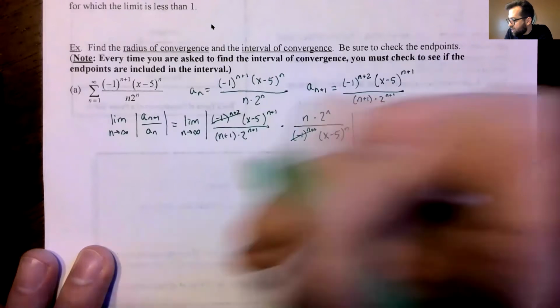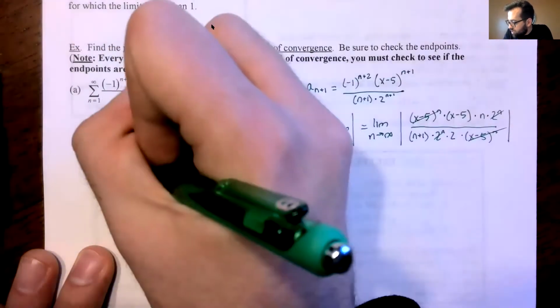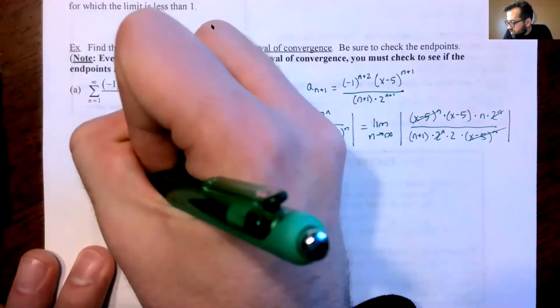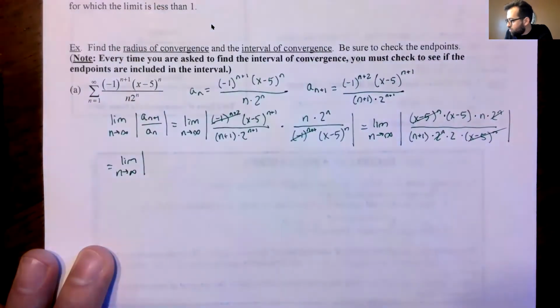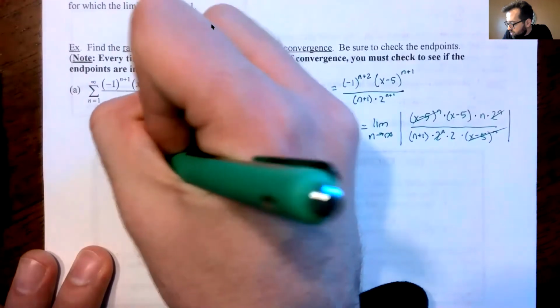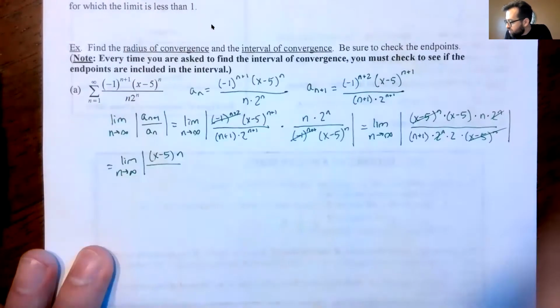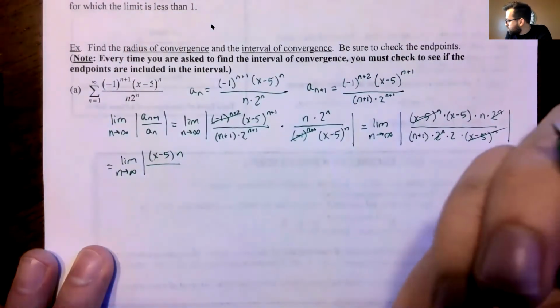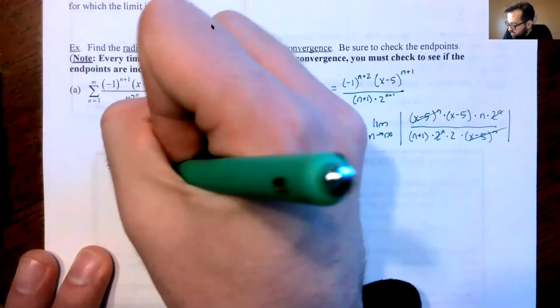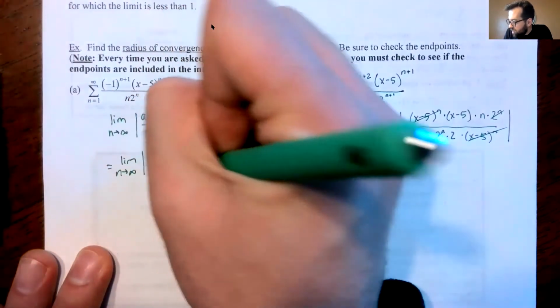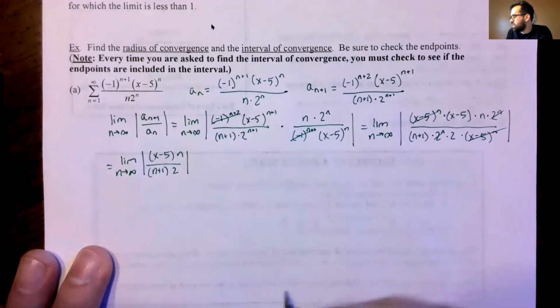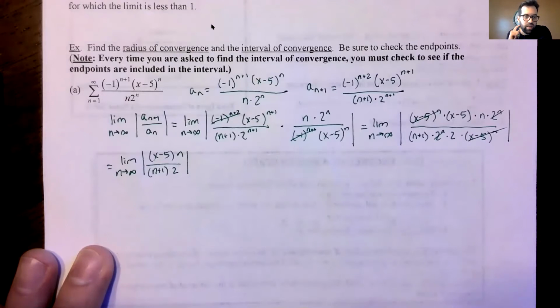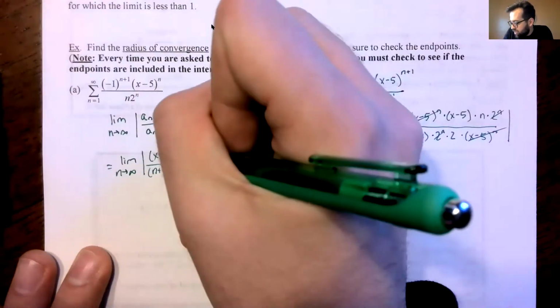Yeah, so we have the limit as n approaches infinity of (x minus 5) times n over (n+1) times 2. And what we want to do here is try to separate the x portion from the n portion, if possible. And lucky for us, this n right here is not an exponent.